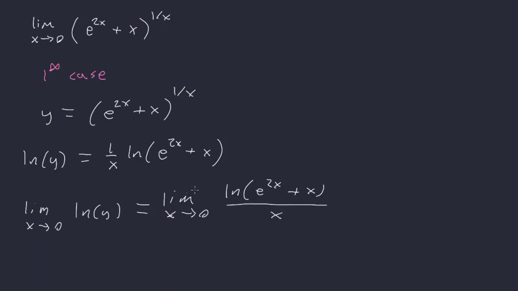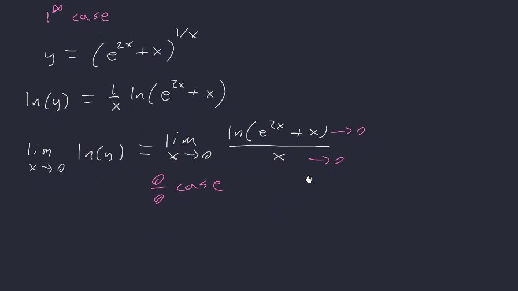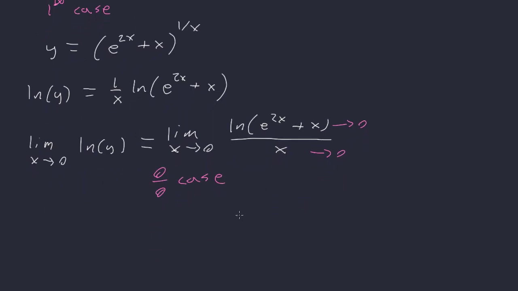As x goes to 0, what's inside the natural log is going to 1, which means the whole numerator goes to 0 and the whole denominator goes to 0. So this is a 0 over 0 case. There wasn't really much work to do to get this to be a L'Hopital's rule candidate.